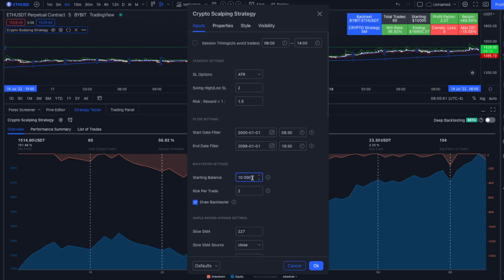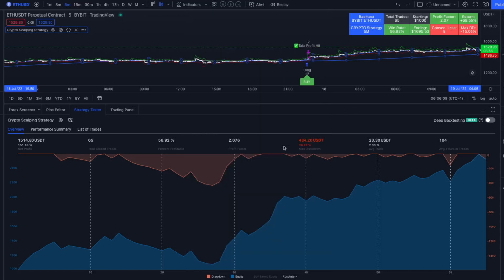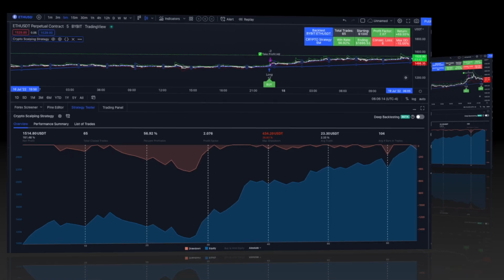So if I would change that down to a $1,000 account as well, we would still make 69% with all the compounding, and we're only risking 2% of our account. So if we lose, we would only lose $20 on our $1,000 account. Alright, so those are the results for Ethereum USDT, also on a 5-minute Bybit chart during the same time period.